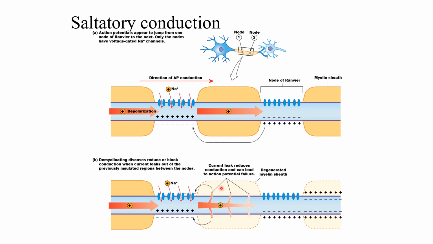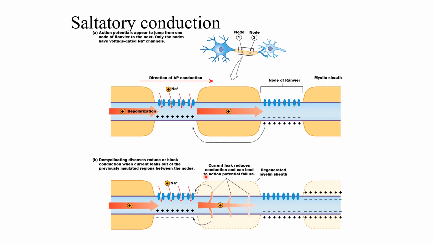Now, if the myelin sheath starts to degrade, that's going to be pretty bad because those positive charges are actually going to start leaking. And why is that bad? Because if the positive charges are leaked, then the action potential loses its strength and the action potential signal will die.